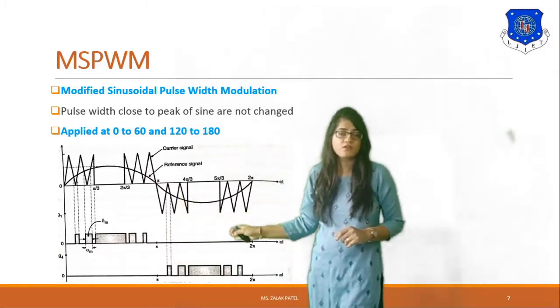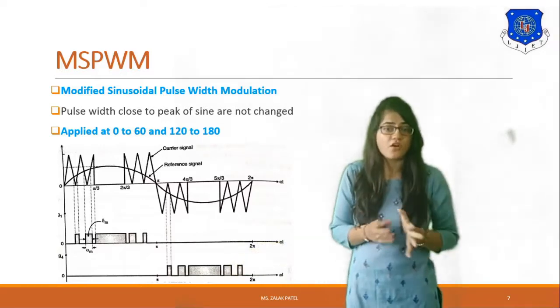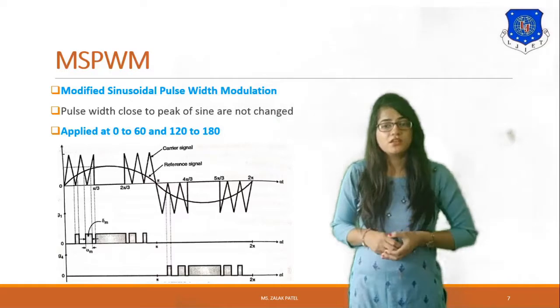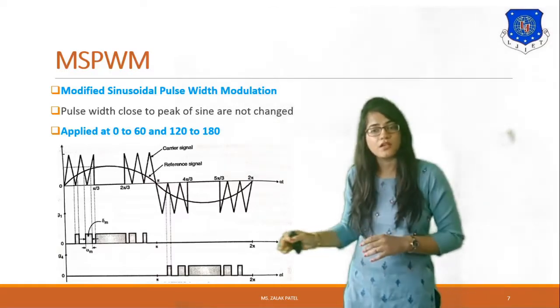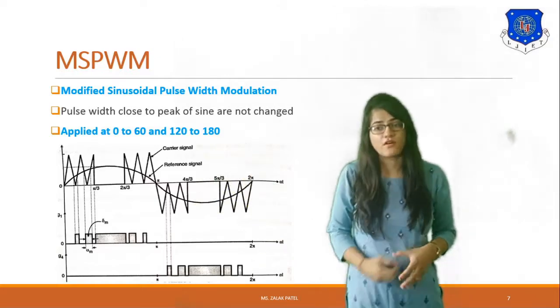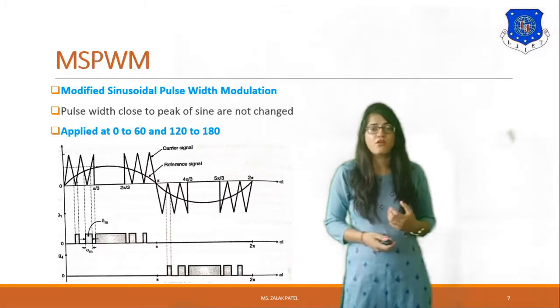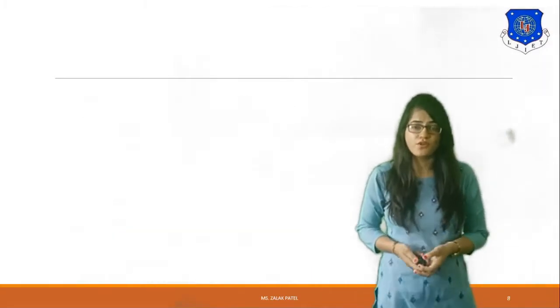It will not be applied in between 60 degrees to 120 degrees, and in the same way in the positive half cycle also. So this is the case of the modified version of the sinusoidal pulse width modulation.